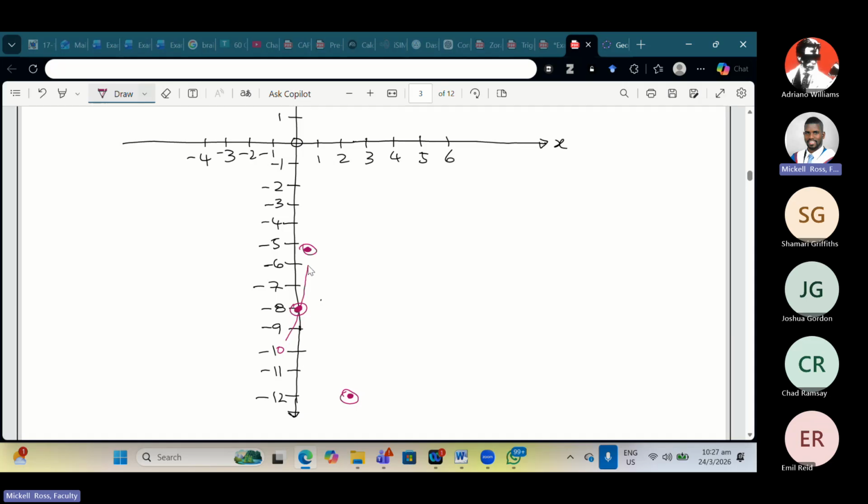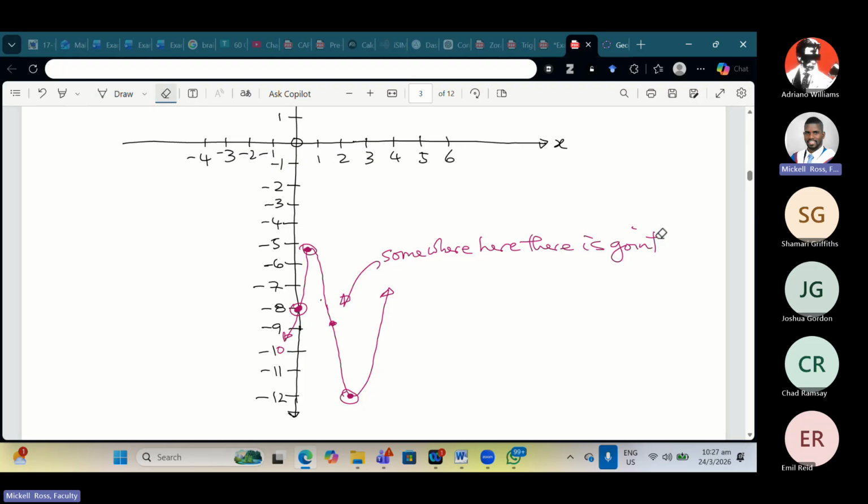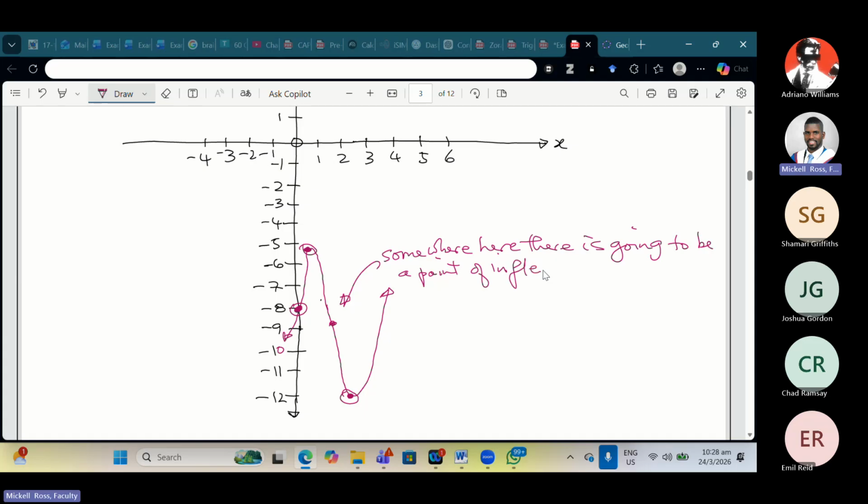So it's going to go up and then come down to this one and then go back up. So this will be the general look of the graph. Somewhere in here there is going to be a point of inflection.